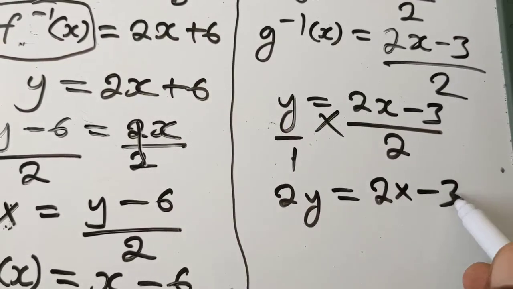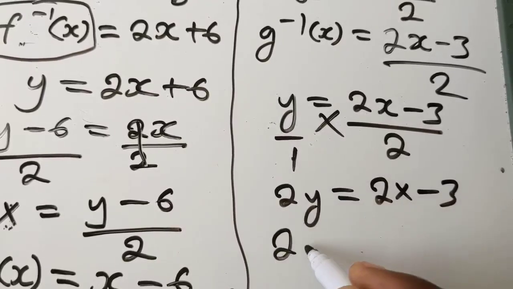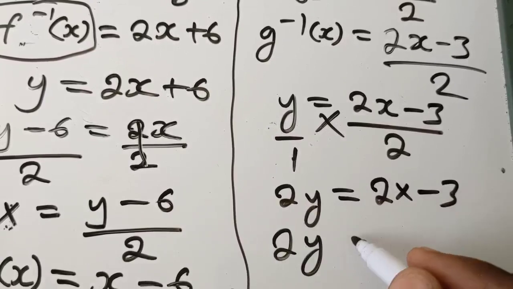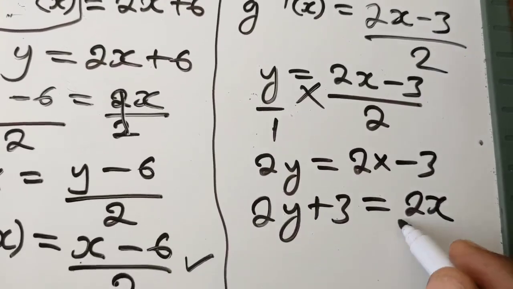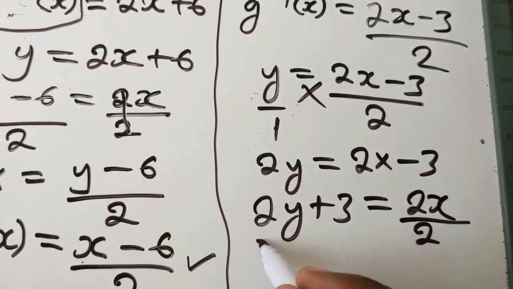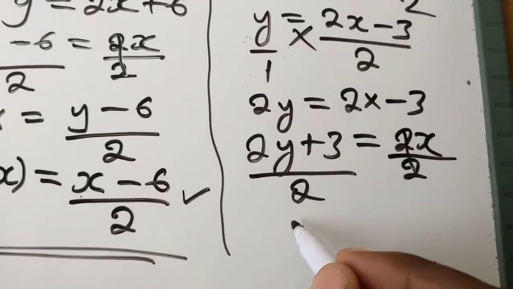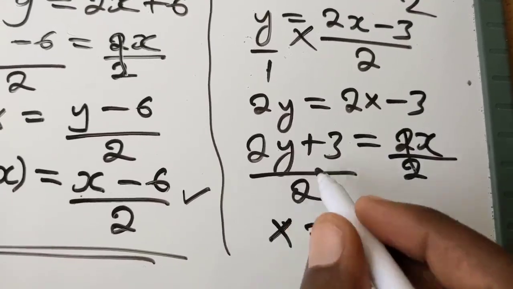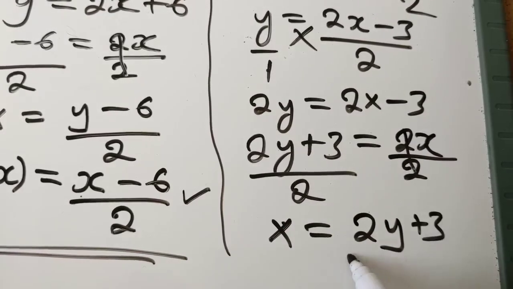So we move negative 3 to the other side, so that is 2y plus 3 is equal to 2x. We are looking for x, not 2x. So we divide both sides by 2. Then x is equal to 2y plus 3 divided by 2.